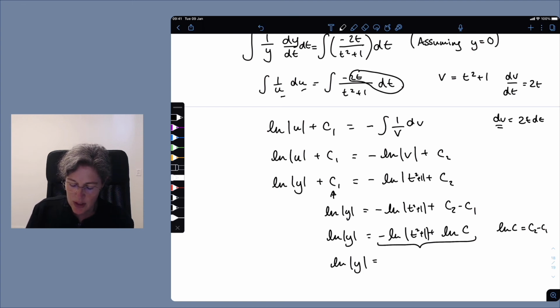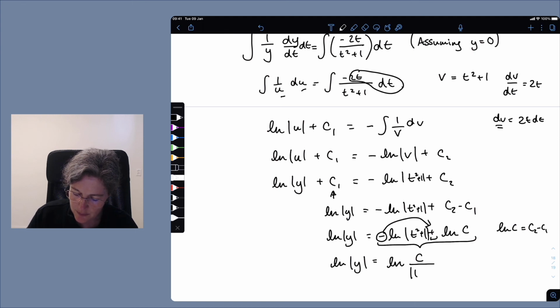I'm going to take this minus sign up here, which is going to give me the absolute value of t squared plus 1 to the minus 1, which is really 1 over t squared plus 1. And then I'm going to remember that this plus over here says I can turn these two logarithms into a product inside the logarithm. So that's going to give me the natural log of c over t squared plus 1.